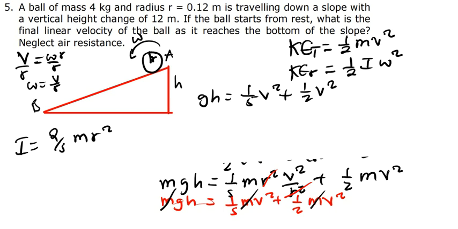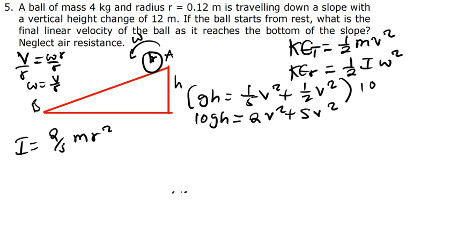If I cancel m, I will remain with gh equal to 1/5 v squared plus 1/2 v squared. Now I want to add these. The common denominator between these two is 10, so I can just multiply by 10 everywhere. 10 times gh becomes 10gh. Then 10 times 1/5 becomes 2v squared, and 10 times 1/2 becomes 5v squared. Mostly for this question, they'll give you maybe 10 marks.